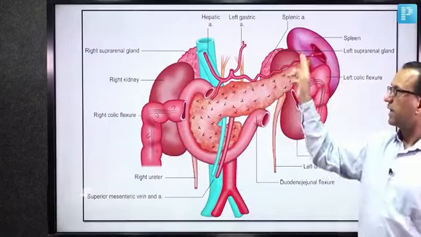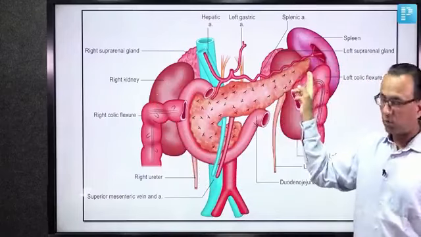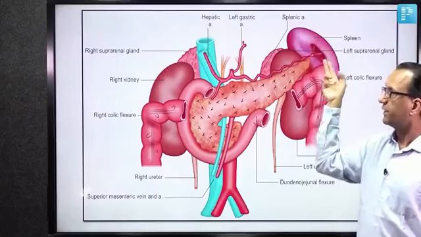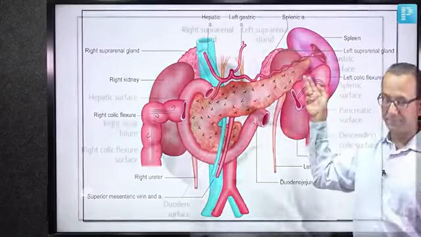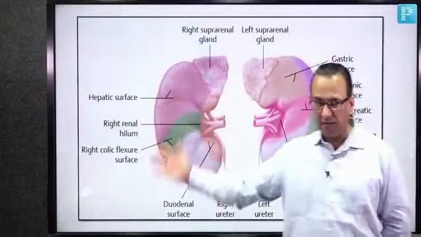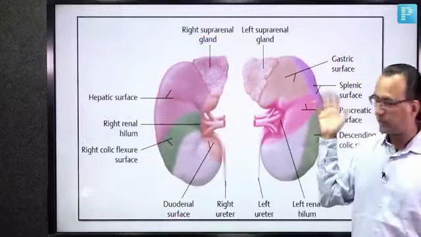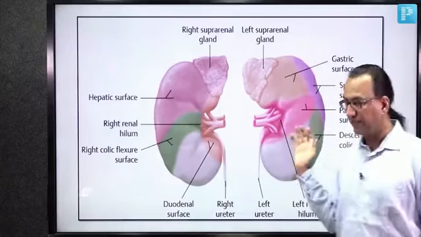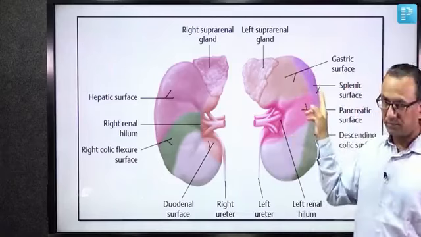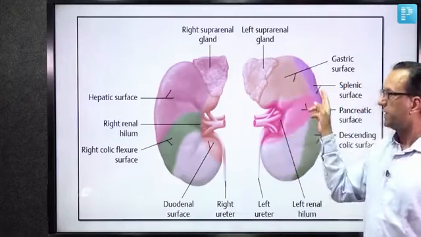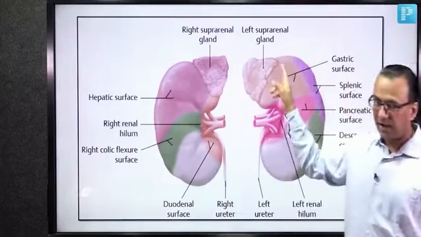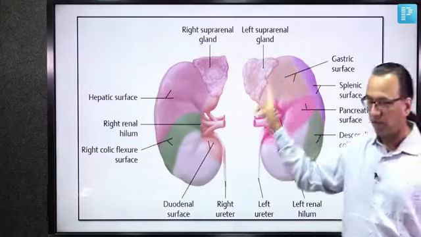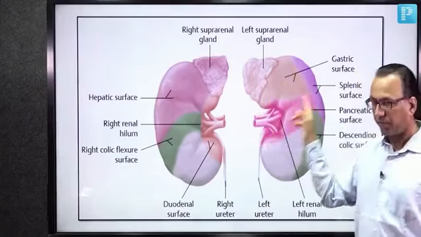Then you will notice the tail of the pancreas which is going to the hilum of the spleen, and the spleen is relating with the kidney. Here is a simplified diagram of the same, which is the anterior relation of the right and left kidney. As we have discussed, this is the spleen area, related with the left kidney anteriorly. This is the adrenal area, the left adrenal gland. This is the gastric area, the stomach. This is the body of the pancreas.